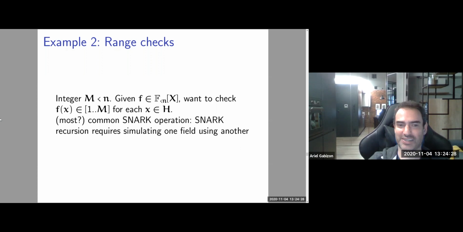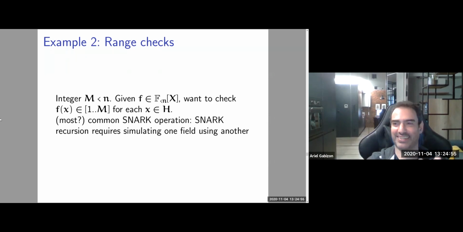And for reasons having to do with these elliptic curve groups that people use, this ultimately boils down to simulating operations. You have some field FP where you can do operations very efficiently, where your unit of cost is 1 multiplication in FP, but you need to simulate operations in some other field FR.